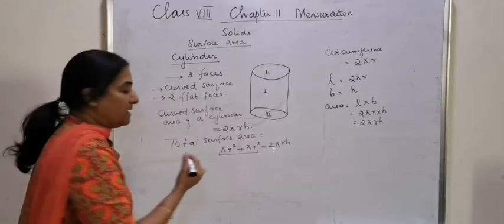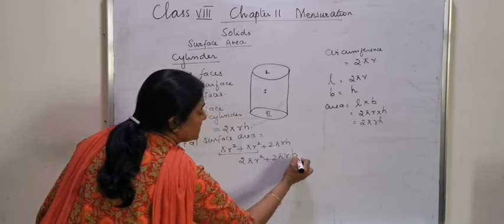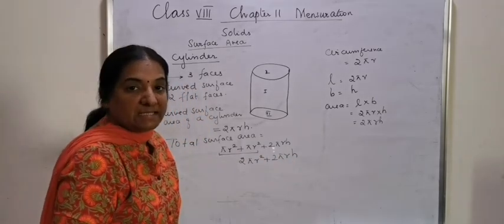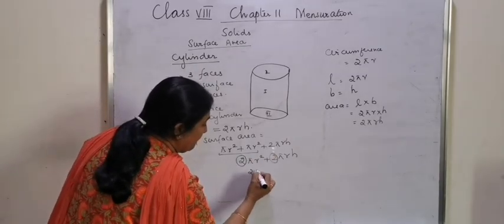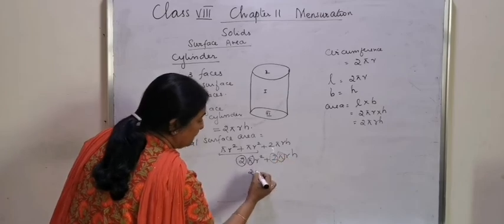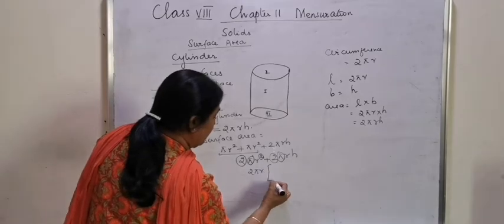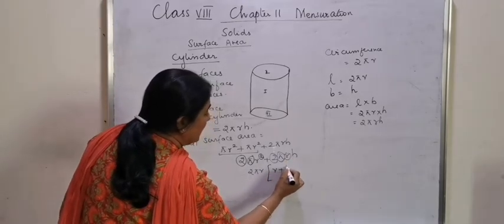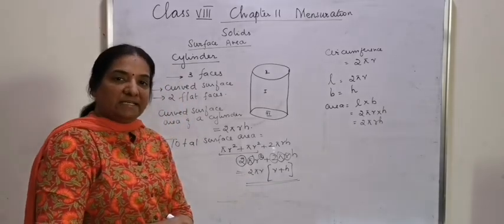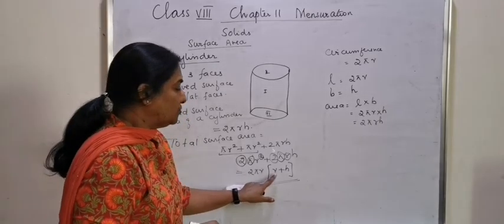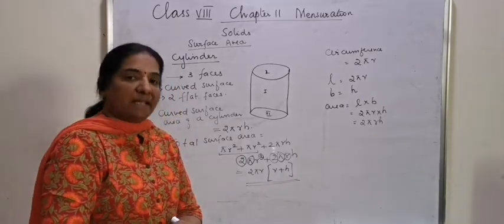Pi r square plus pi r square gives you 2 pi r square plus 2 pi r h. To study easily, let's take the common factors outside: 2 pi r, and inside, r plus h. So what is the total surface area of a cylinder? It is 2 pi r into (h plus r), or 2 pi r into (r plus h).